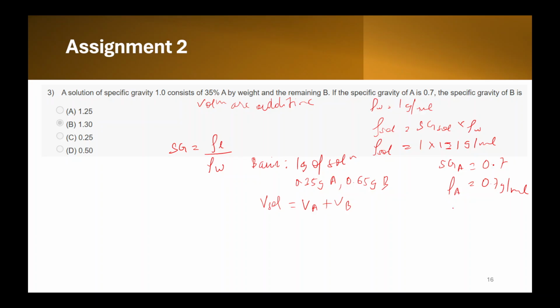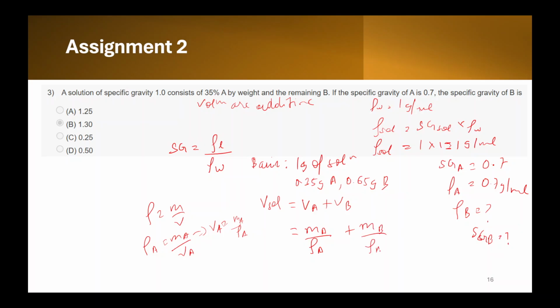But we don't know rho of B because we don't know SG of B. Rho is mass by volume, so rho of A is equal to mass of A by volume of A. So volume of A is mass of A upon density of A, and this is mass of B upon density of B, and together this is your volume of solution.